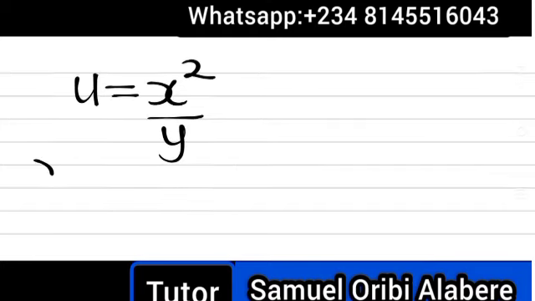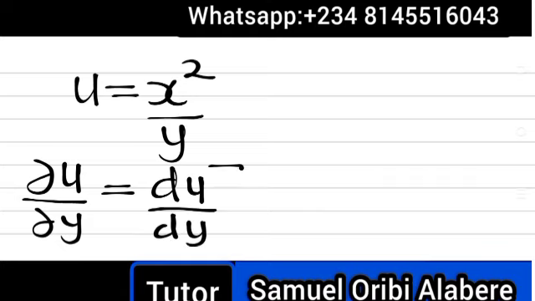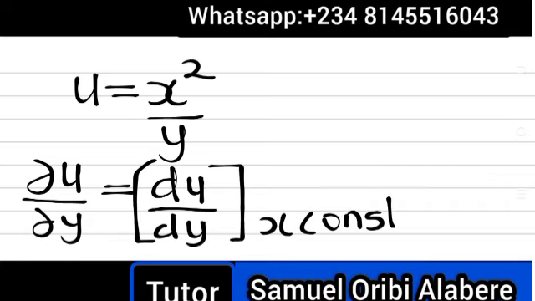So here, the partial derivative of u with respect to y would then be equals to the derivative of u with respect to y, only considering that x in this case remains constant. So that is to say that wherever we see x here, we are not going to differentiate anything.